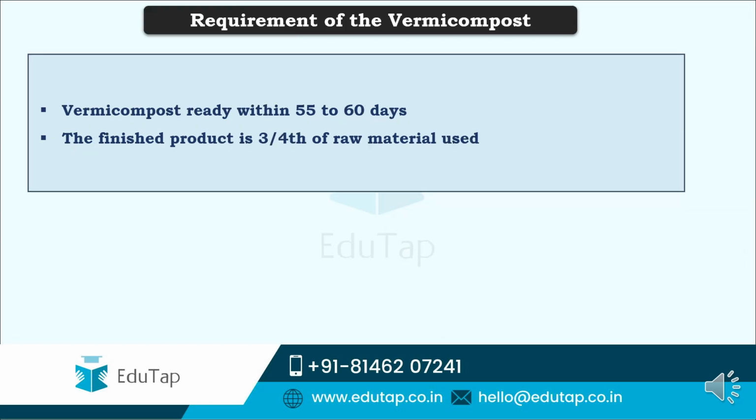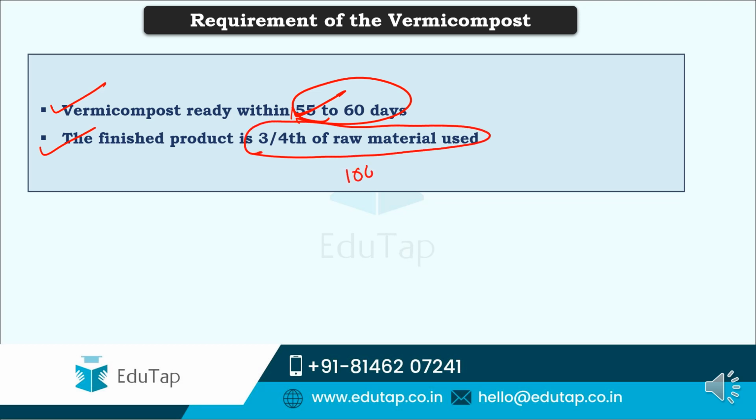So friends, the vermicompost can be prepared, or it will be ready, within 55 to 60 days from the date it has been started. And the finished product is almost 3/4 of the raw material used.